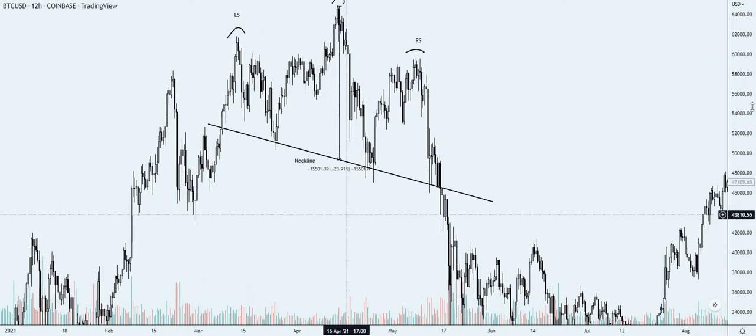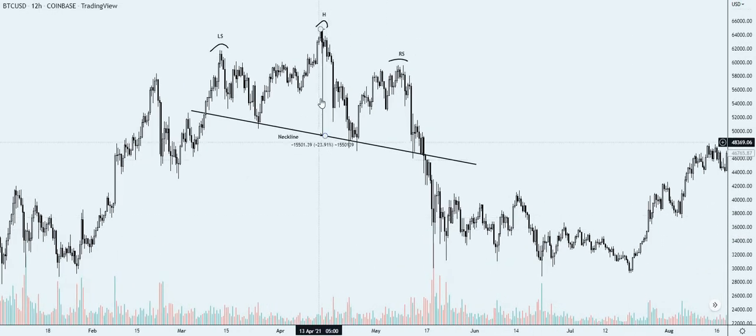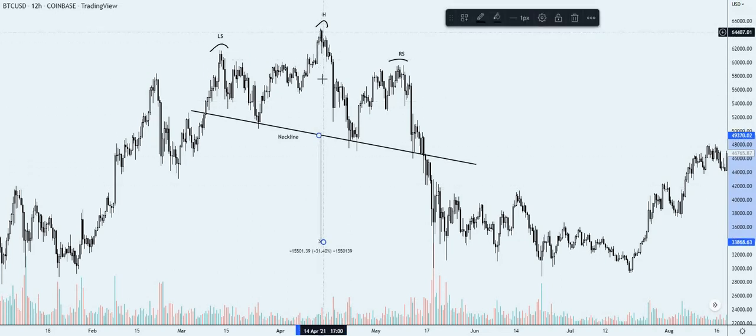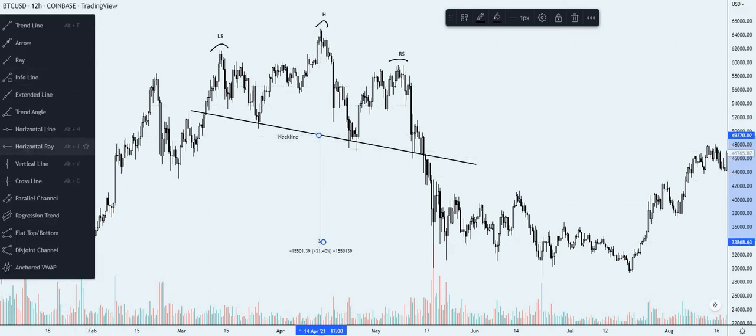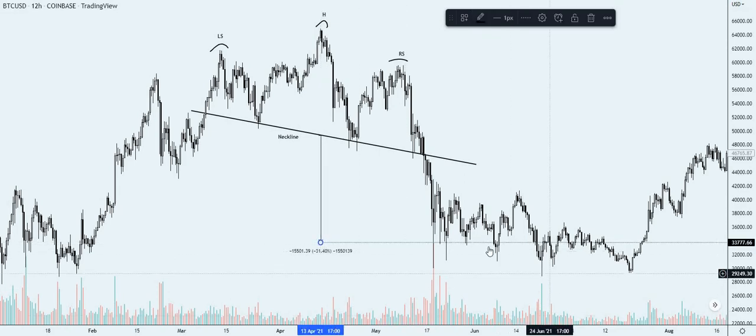And then a breakdown underneath the neckline should be your target. So let's take it. I just took the same length in price from the neckline down there, and what do we get? Right there. Definitely target reached multiple times, okay? It even deviated below a few times here.